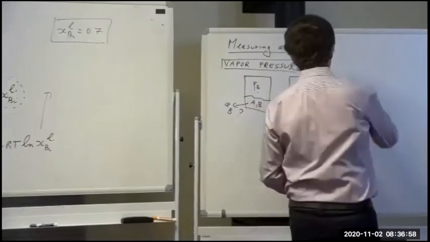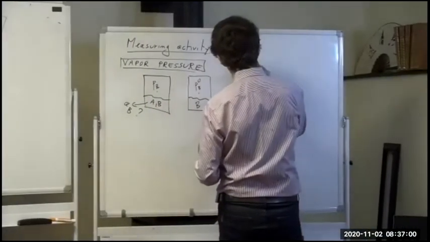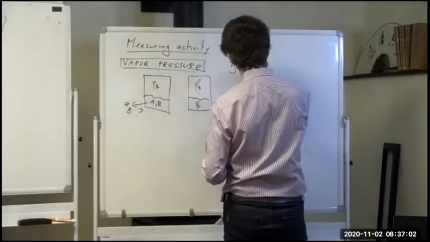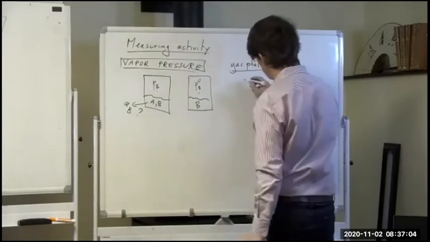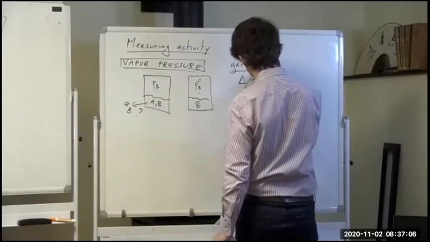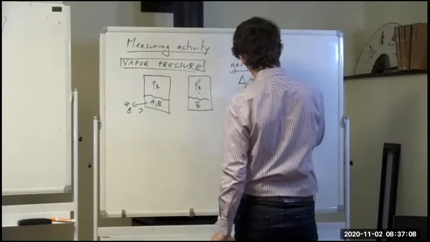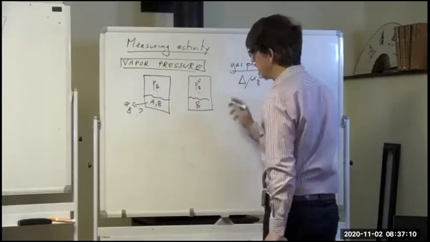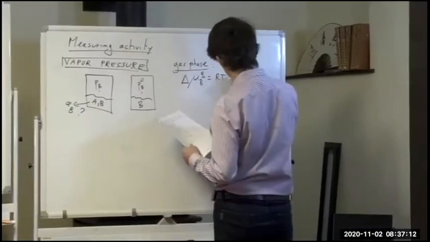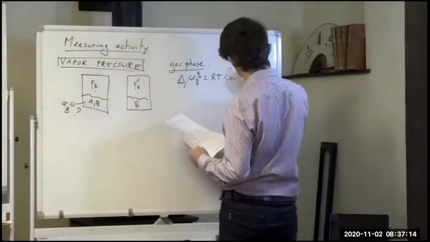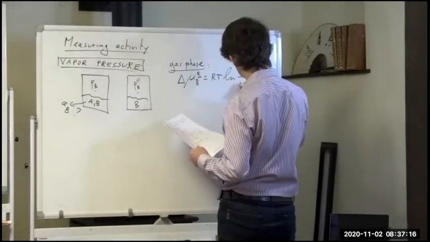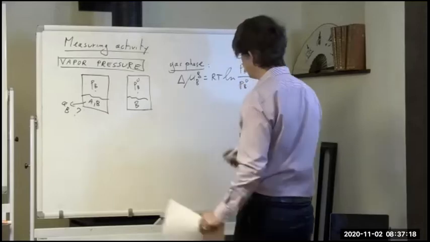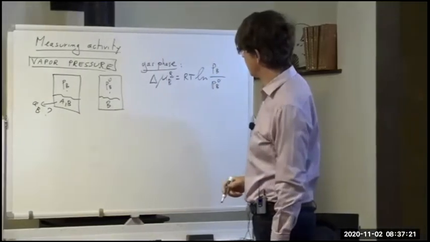And so in the gas phase, the delta mu of the chemical potential is RT log of the ratio of the pressures. That I just get from ideal gas behavior.